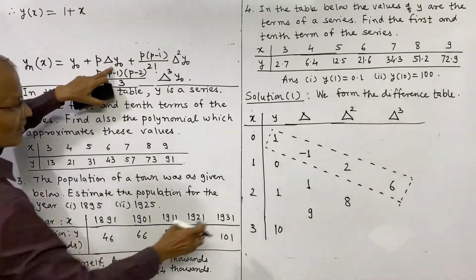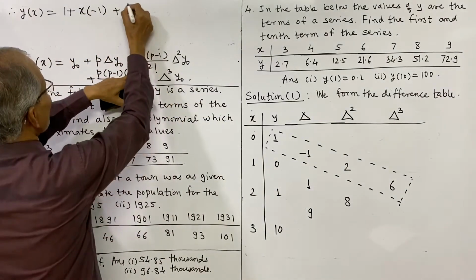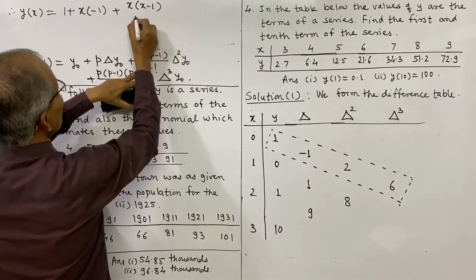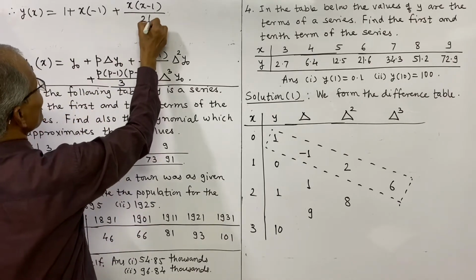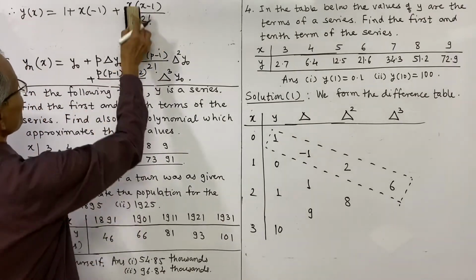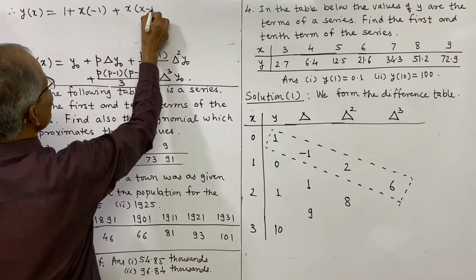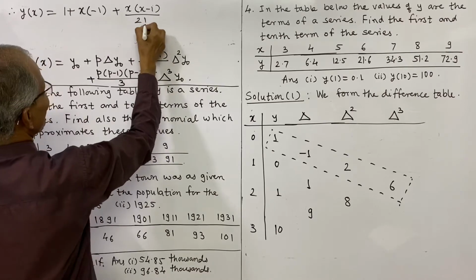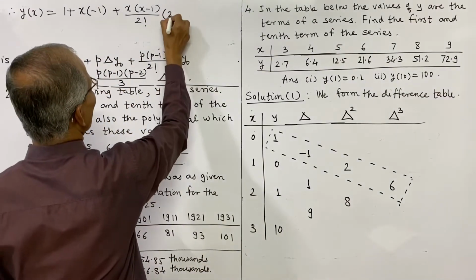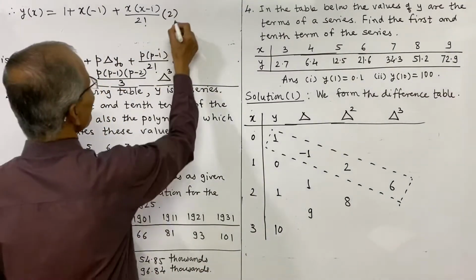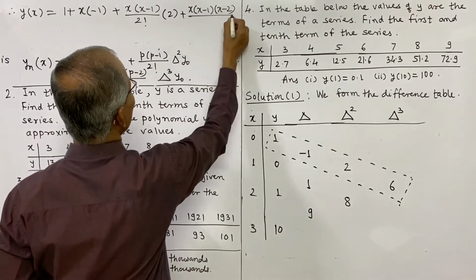And delta y naught is minus 1, and plus p into p minus 1, so x into x minus 1, divided by 2 factorial, which is 2, delta square y naught is 2, and plus the next value is x into x minus 1 into x minus 2 divided by 3 factorial.